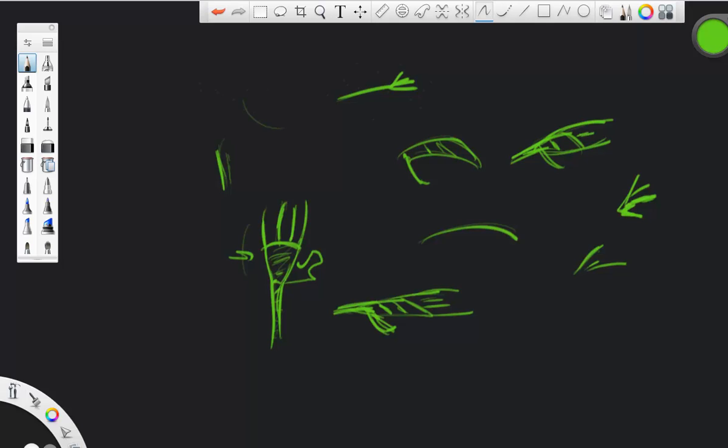And then the actual hand. This is basically the wrist, and then the hand. It can bend. Obviously it has this from shoulder to hand, and then it can bend in any direction.